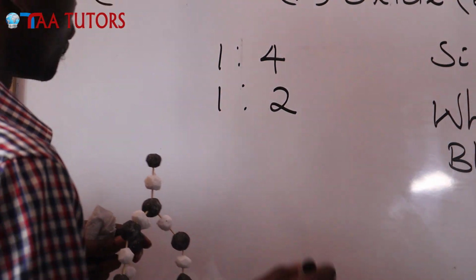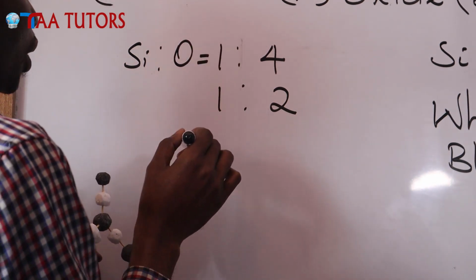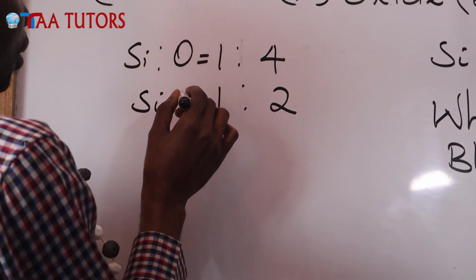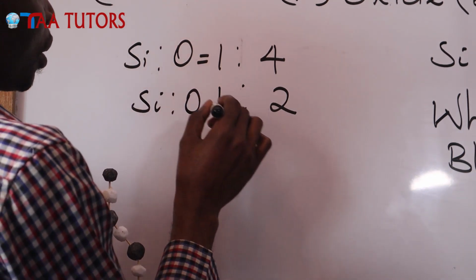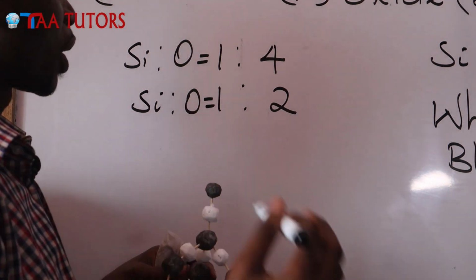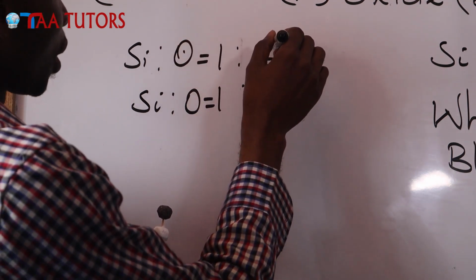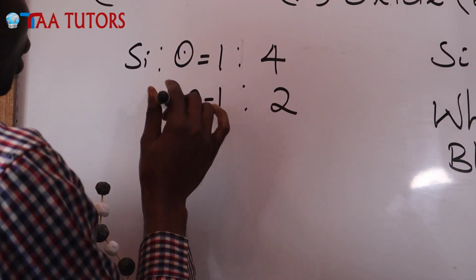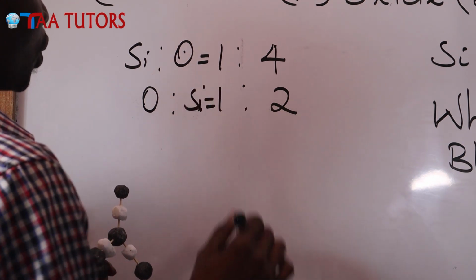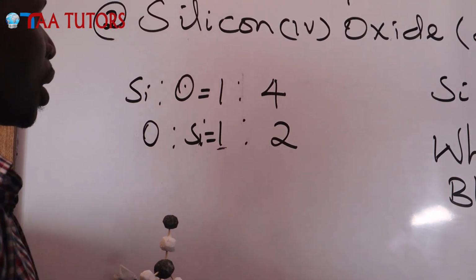So you realize that silicon to oxygen is equal to that, and this one, silicon to oxygen, is also equal to that. In mathematics, we know we can make these ratios the same. This is oxygen to silicon, which is 1 to 2, because for every 1 oxygen atom there are 2 silicon atoms.